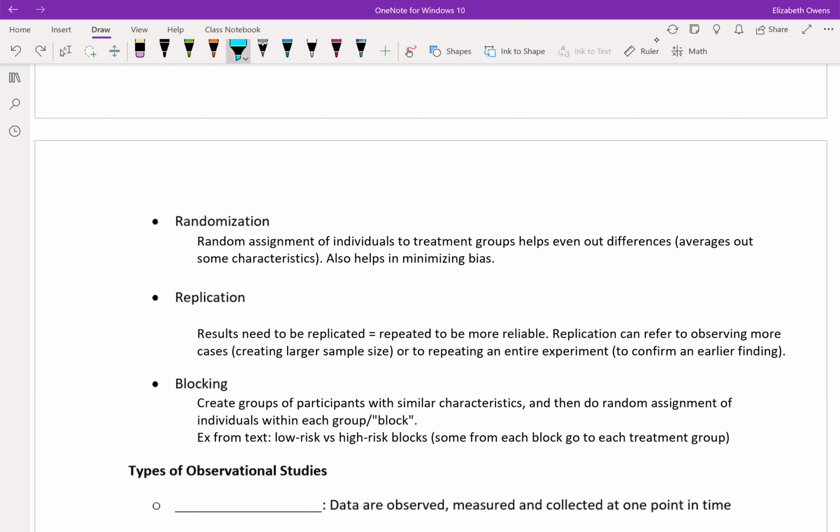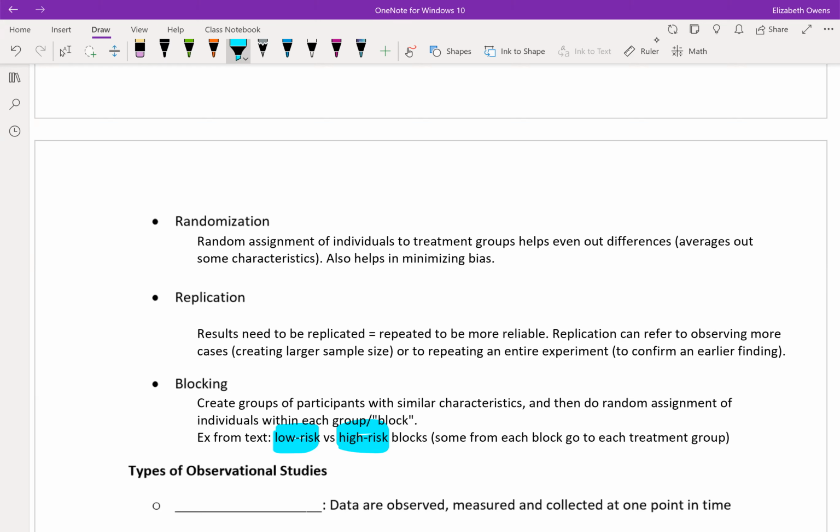It was a study for, I believe it was some heart problem. And they split the individuals into low risk versus high risk blocks. So people who were at low risk of this heart problem versus high risk of the heart problem.